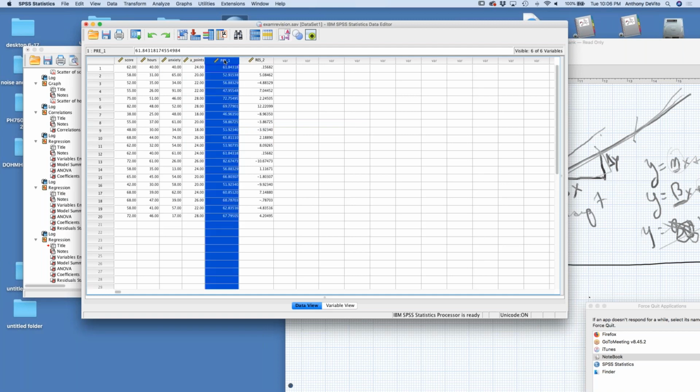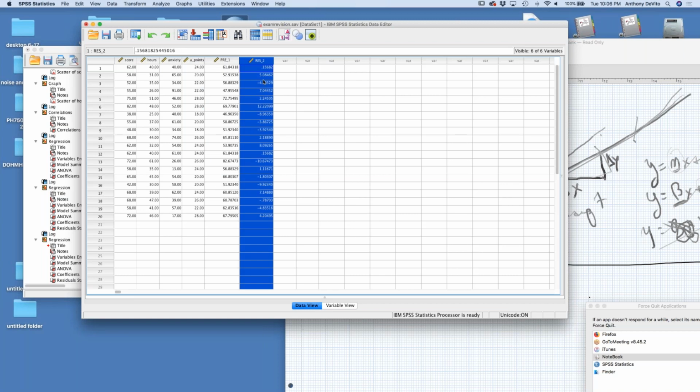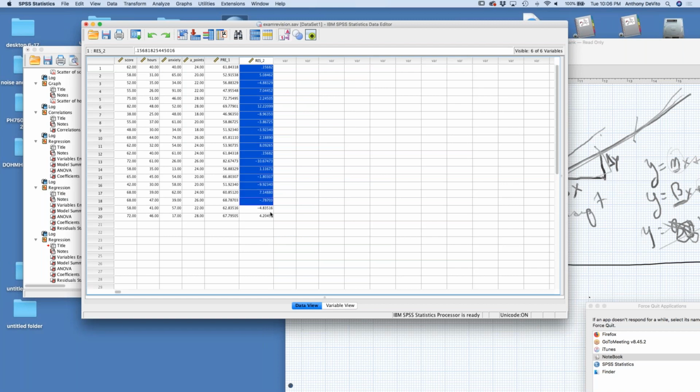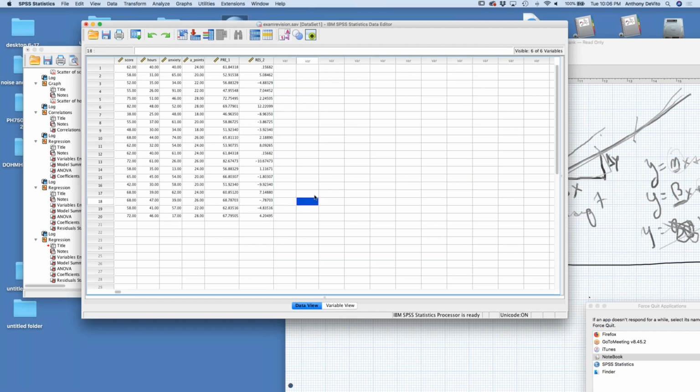Okay, so the predicted values are what we would have calculated that person would have gotten based on our formula, and our residual values are the amount that we were off, the error, how far we missed for each individual person. Now, one of the things we're interested in is making sure that these values are normally distributed.